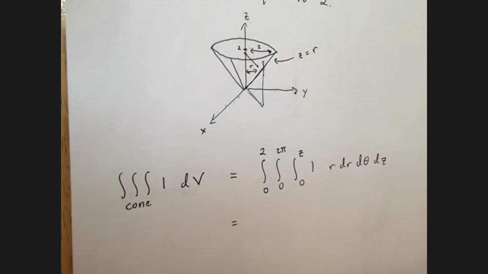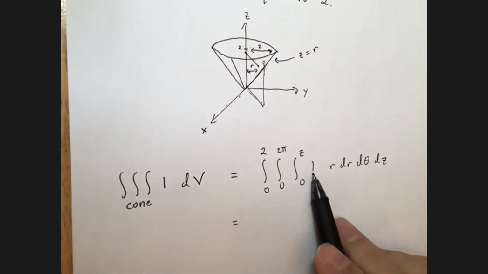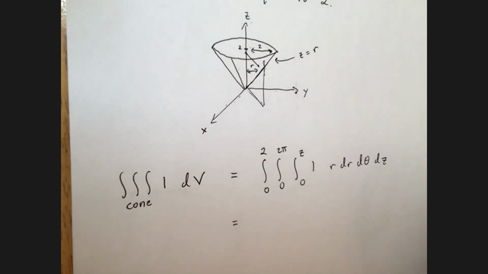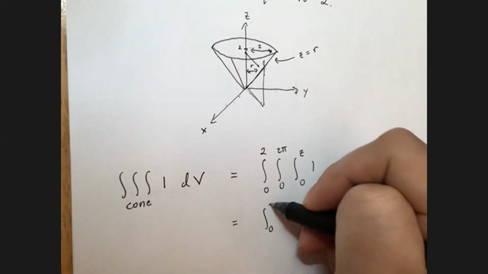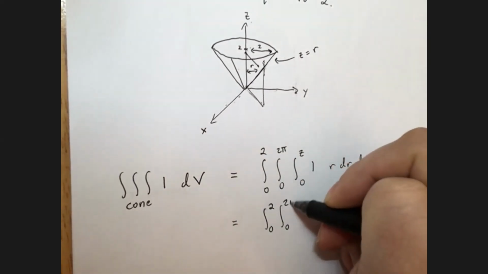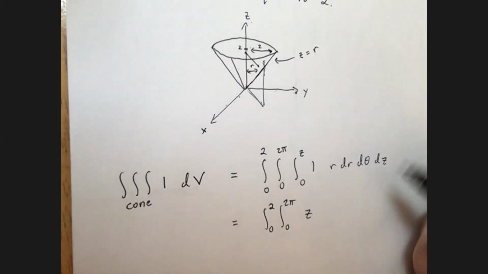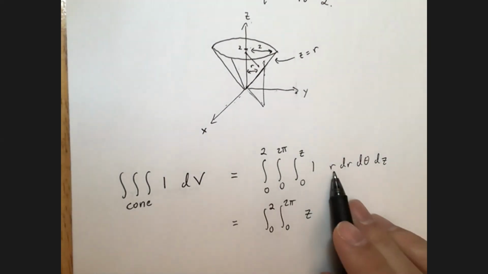So let's see what this comes out to be. I anti-differentiate this with respect to r, I get r. Evaluate from 0 to z, I get z, right? Oops, okay, hold on. I forgot about my r over here.